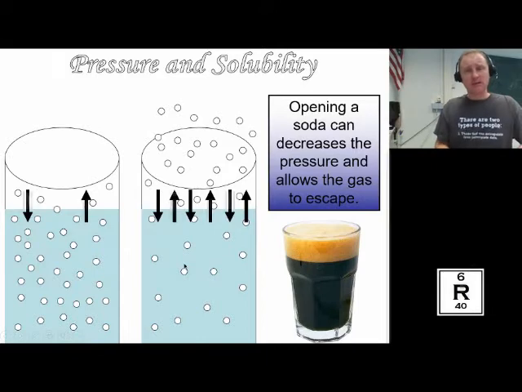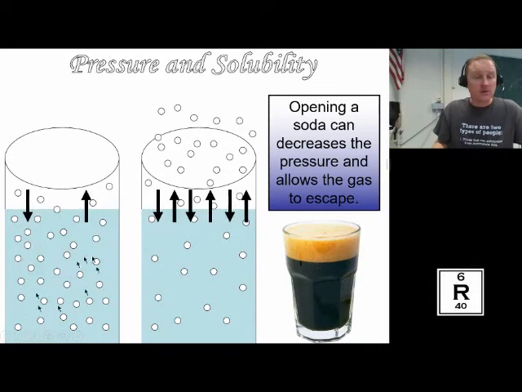Students have been asking when I talk about this, so why is it when you shake up a can, it explodes? Why is there so much more pressure? Well, if you take a look at the surface here, the exchange of the gas is at the surface. So there's only this much area where this exchange is going back and forth. If you shake up the can, you push all this air, you mix it all in there, and there's going to be a whole lot more surface area for the exchange of the gas to go in and out.